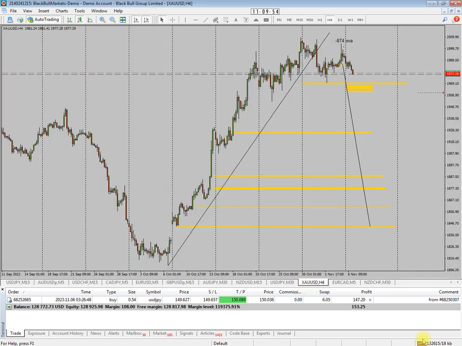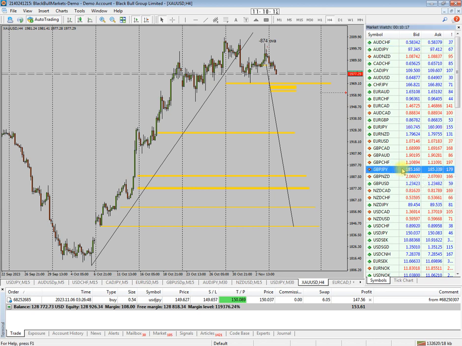I'm also watching one on silver. Where is silver? I'm watching this one on gold, sorry. I get the feeling that this could return all the way back down to 1836.